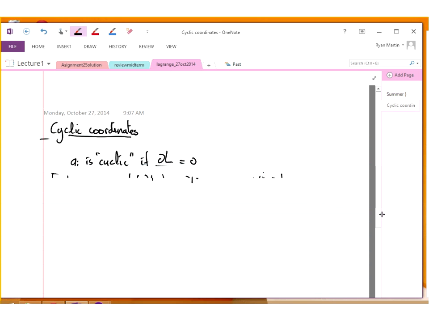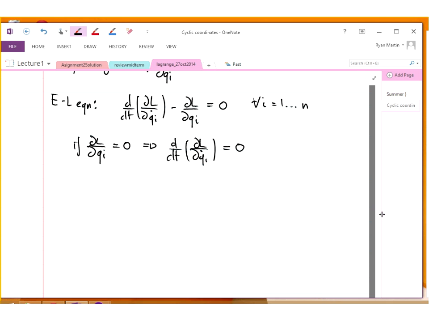And of course, when the time derivative of something is equal to 0, that means that something doesn't change with time. So if I define a new quantity which I'll call pi to be ∂L/∂qi dot, that quantity is equal to a constant. And we'll see in a few minutes that we call this the generalized momentum.